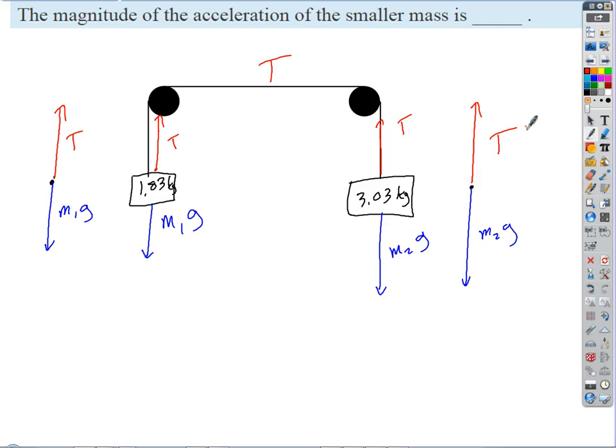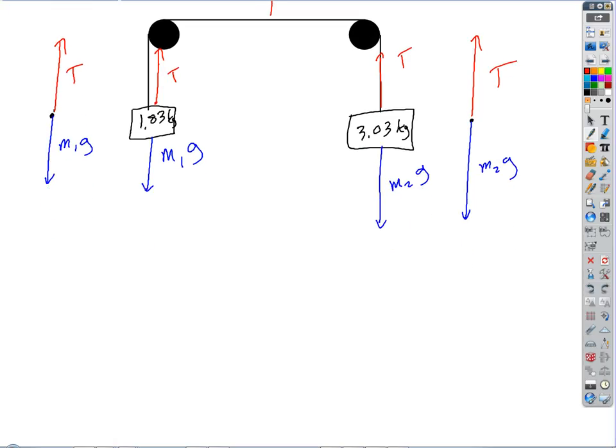Okay, so let's write out our equations of motion for these two. What's the equation of motion going to be for object number one? What's the net force going to be? T minus M1G. Everybody agree?